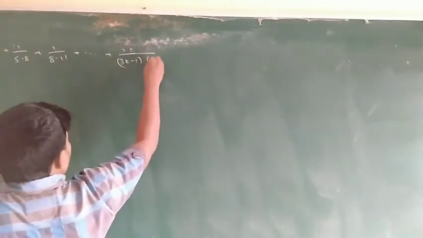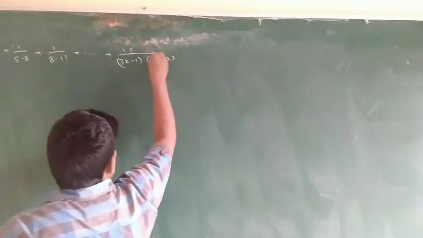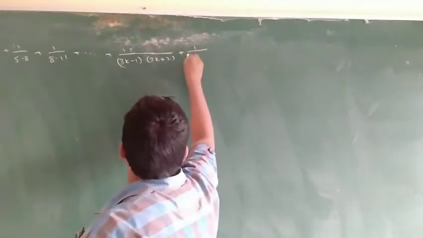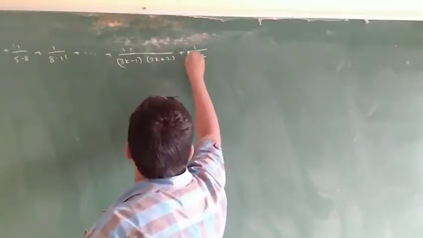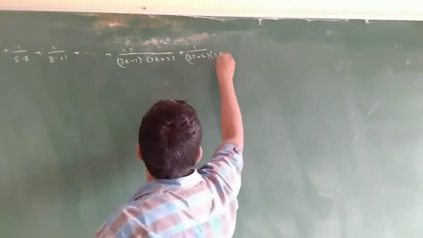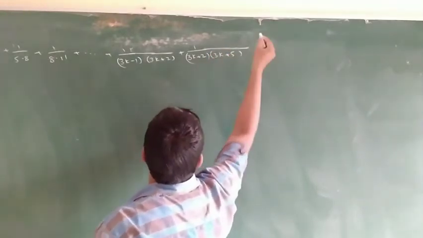So 1 by 3 into 5 plus 1 by 5 into 8 plus 1 by 8 into 11 plus and so on, plus 1 by 3k minus 1 into 3k plus 2, plus the k plus 1 term, 1 by 3k plus 2 into 3k plus 5.